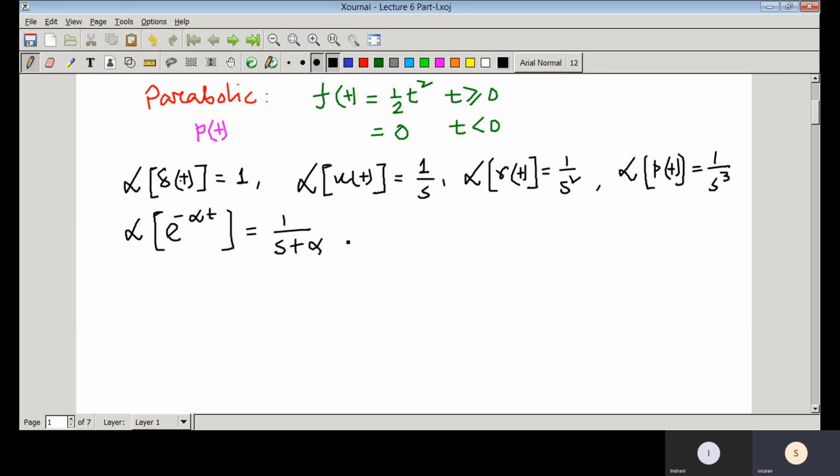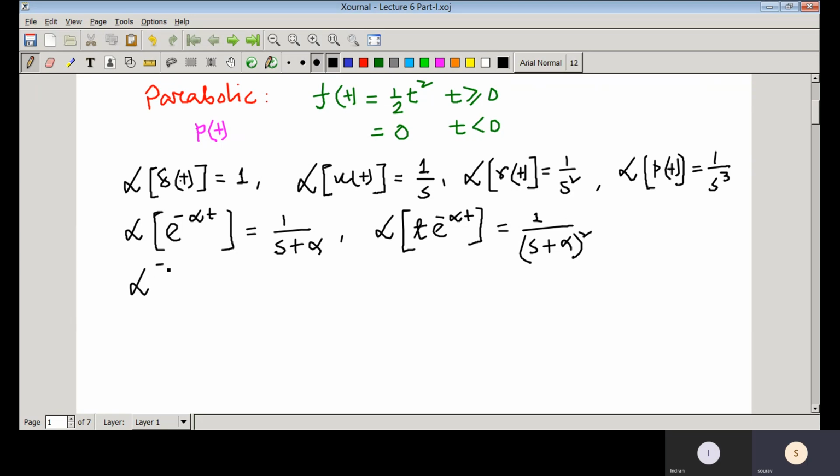Then the Laplace transform of t e to the power minus alpha t is 1 by s plus alpha whole square.